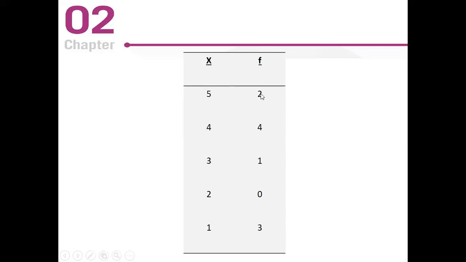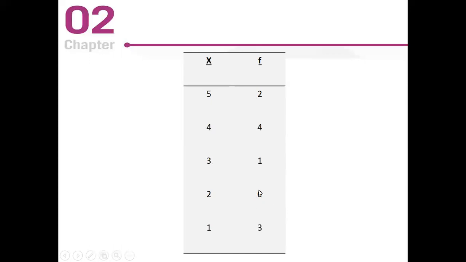So we can see that 2 people have scored a 5, 4 people have scored a 4, 1 person has scored a value of 3, 0 people have responded with a 2. It's important that we include that even though there's a frequency of 0, because this value is possible and it's within the range of the rest of the values.